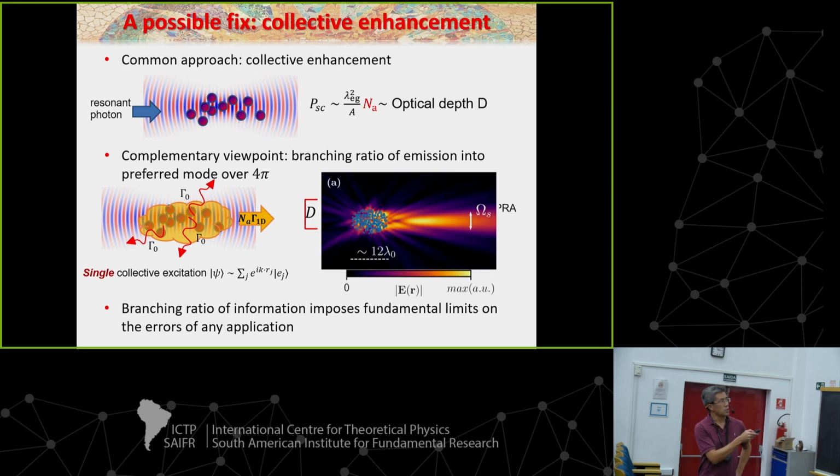So here's a cartoonish version, but if you want to get some sense of the physics, it's a completely classical optics phenomenon. So even if I were to take classical radiating dipoles and just assign them a phase, e to the i k dot r, depending on their position, if you were to calculate the total scattered or emitted field from that system, you'd find that in the direction set by k, you would get this collective enhancement or constructive interference of emission into your preferred direction.